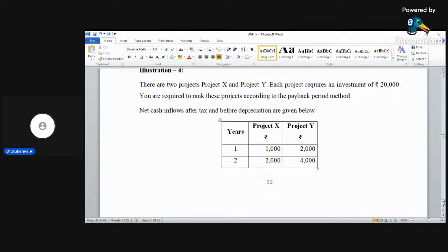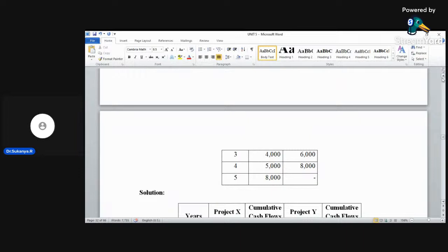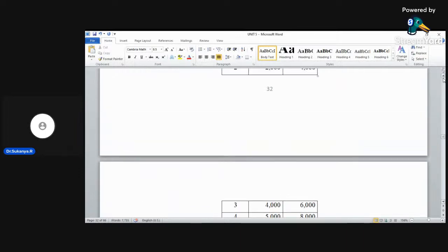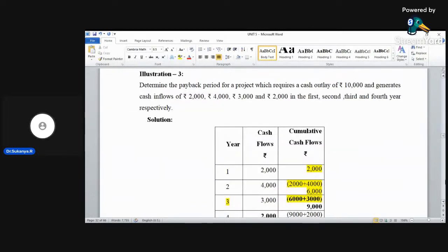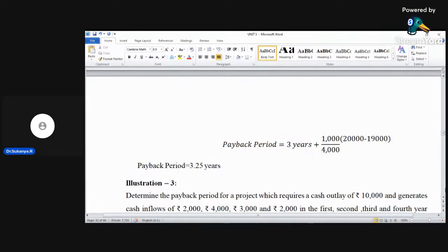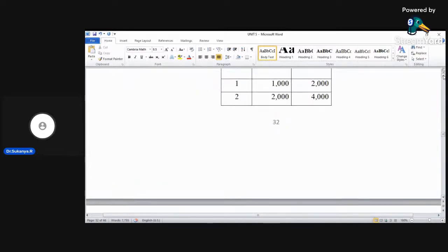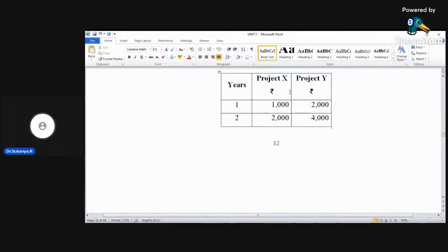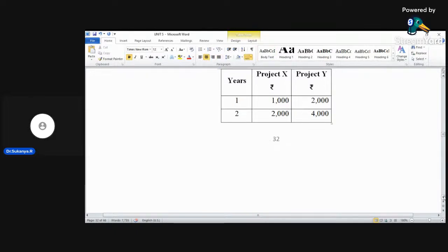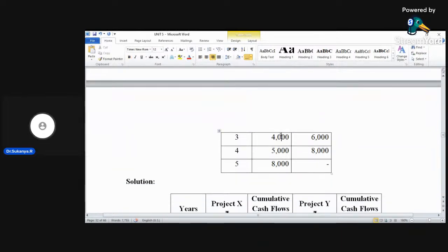Now, dear students, if you have a look at this problem, project X has a 5-year lifetime. In the first year, project X is able to generate 1,000 rupees. In the second year, 2,000 rupees. In the third year, 4,000 rupees.